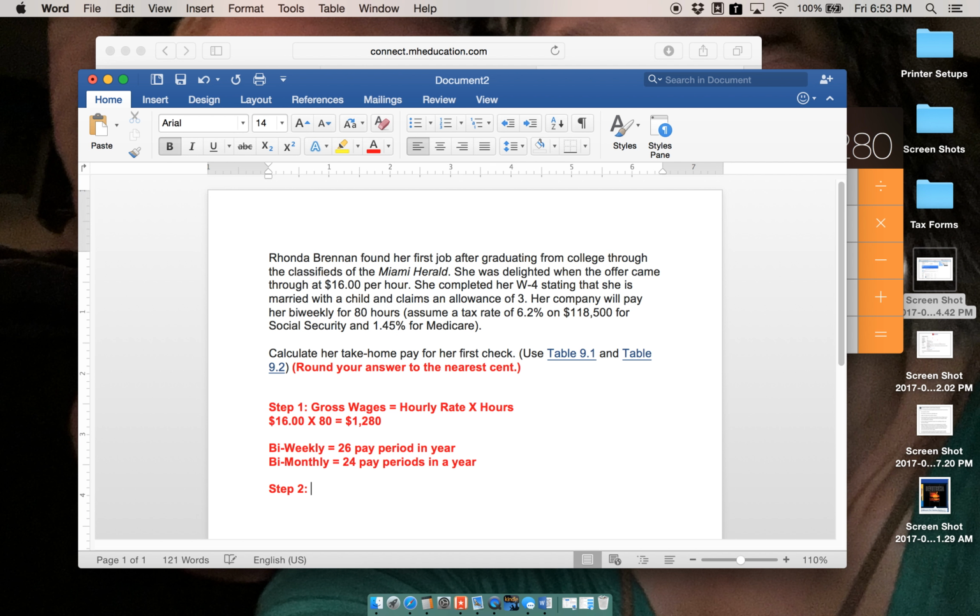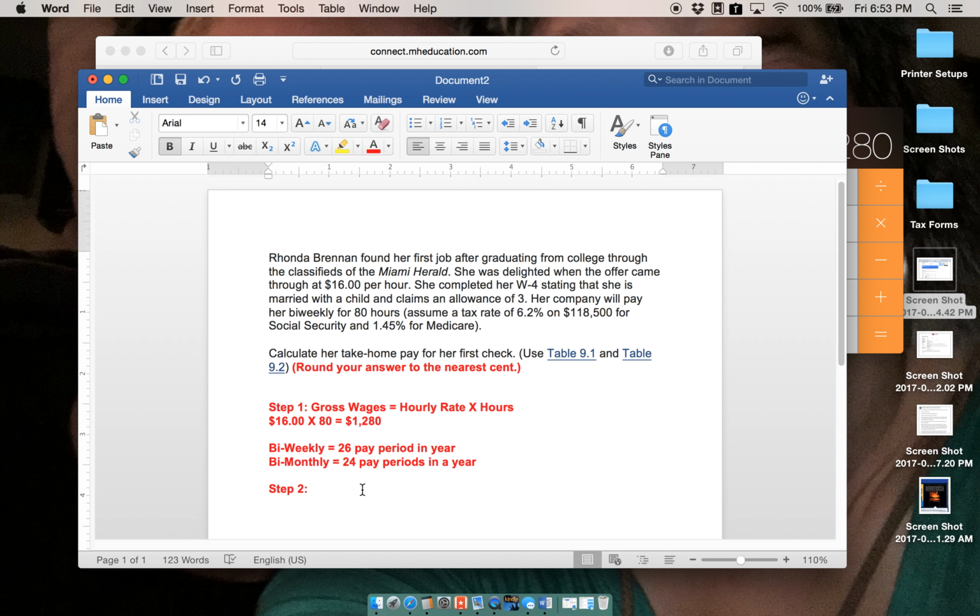Step 2. For step 2, I usually start with Social Security, and then step 3 will be Medicare. So let me first explain what this $118,500 means. Social Security is only taxed on wages up to $118,500. So let's say that you made $1 million in 1 year. Of that $1 million, only $118,500 would be taxed for Social Security.